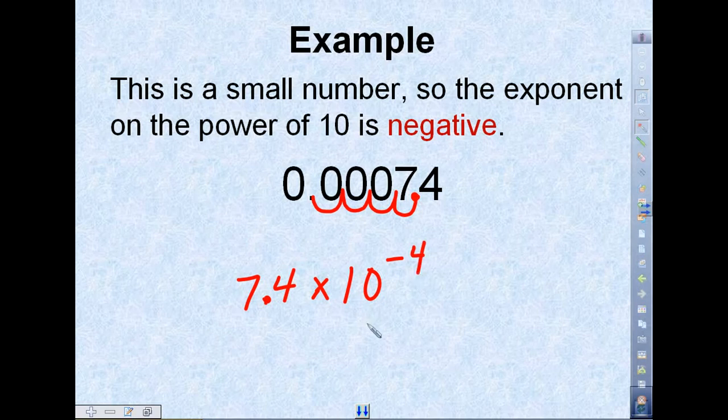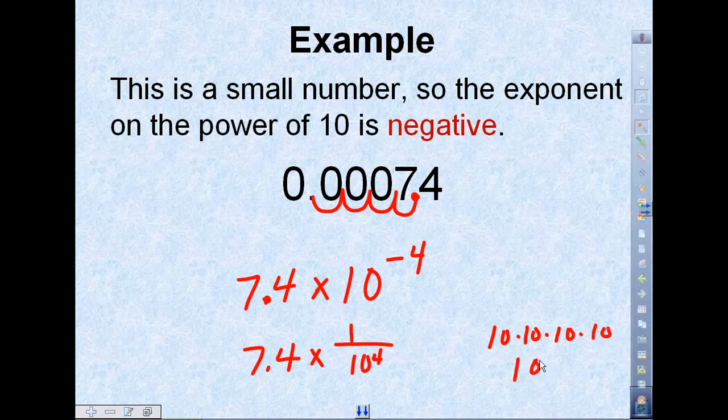Okay? Multiplying this out, 7.4 is actually being multiplied by 1 over 10 to the fourth power, positive fourth power, which is the same as 10 to the fourth power is this, which gives you this, 10,000. So I'm going to replace that. Let me grab my pen.